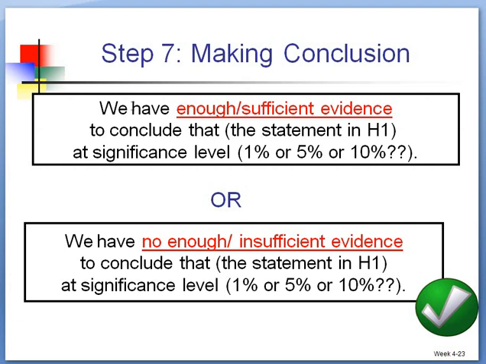Again, conclusion: we have enough or sufficient evidence to conclude that, or to support or to accept, the alternative hypothesis at significance level, and this significance level normally I will give in questions. Or we have not enough or insufficient evidence to conclude the statement in the alternative hypothesis at significance level 1%, 5% or 10%.